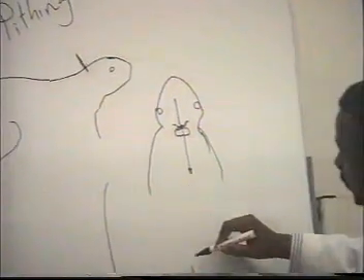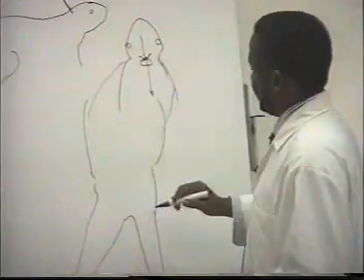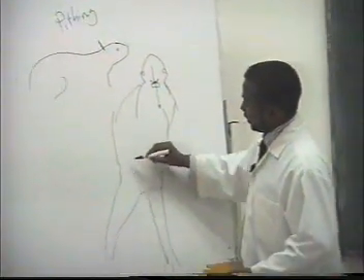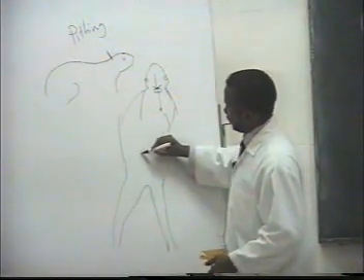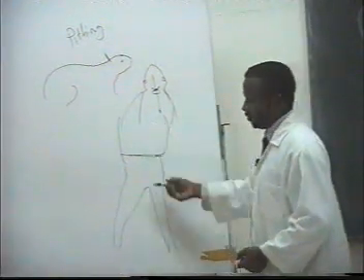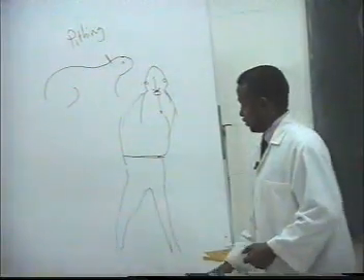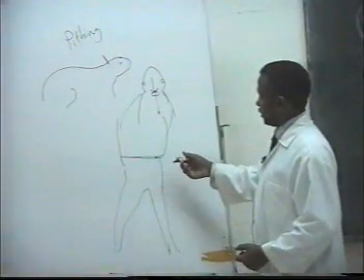After that, we put the frog on the frog board and make an incision of the skin around the waist of the frog, and we remove the trouser of the skin by just pulling it downwards.